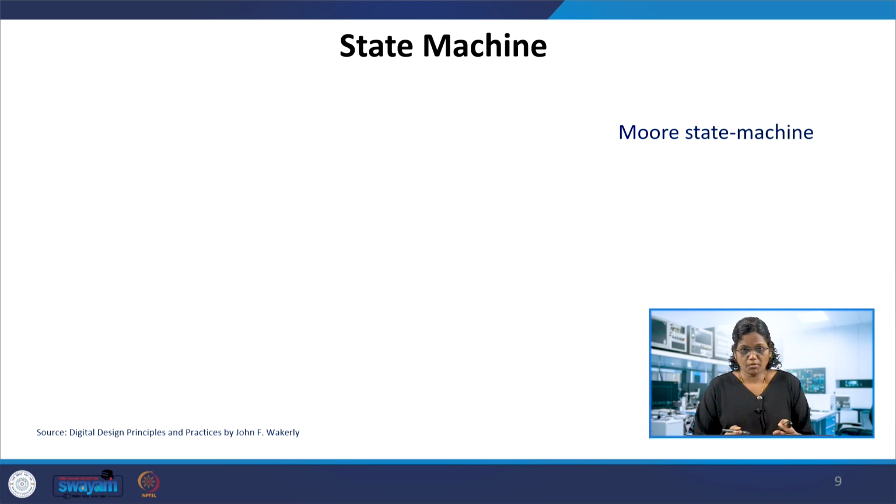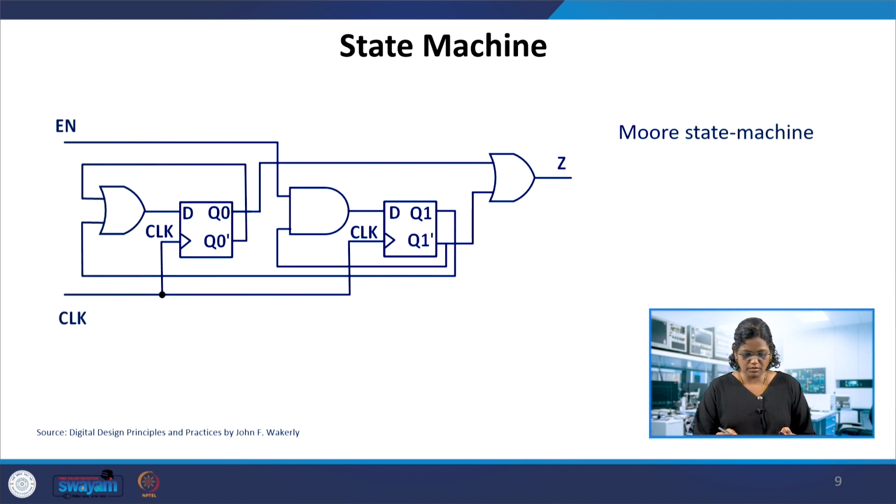So we'll take some Moore state machine examples, get the state diagram and then develop the code for at least 1 or 2 examples. For the Moore state machine here, this digital circuit is using 2 D flip-flops, Q0 and Q1, connected with combinational logic here and here also.